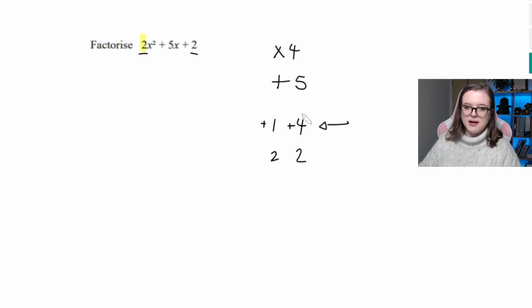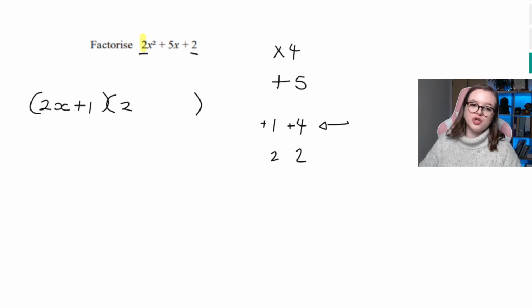Okay, and then from here what we're going to do is open up our brackets again, but in this case we're going to put 2x in each of them. So 2x plus 1 and 2x plus 4. Then we look and we think, can I simplify any of these brackets? Can I divide by a common factor in either of these two brackets?